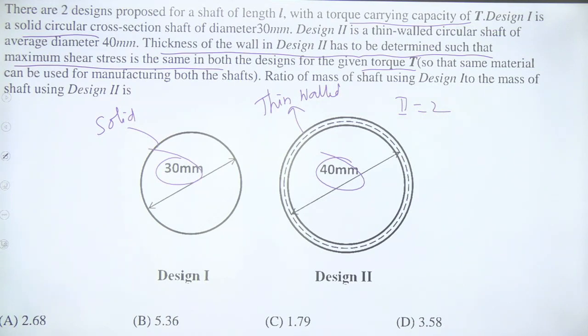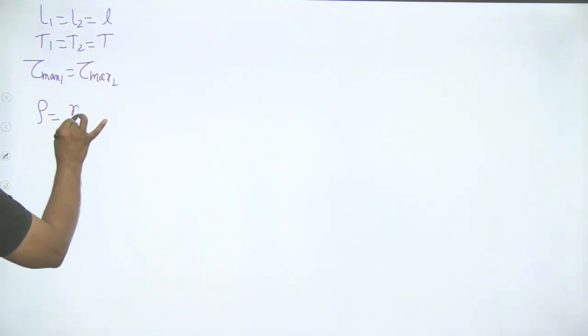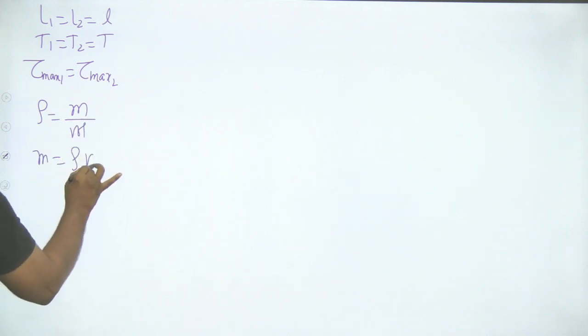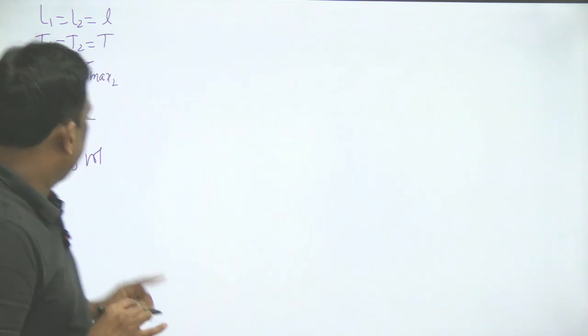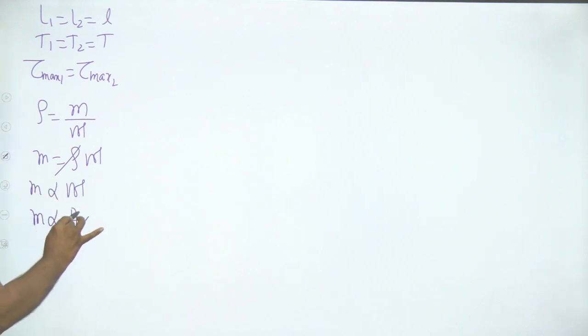In order to find the masses, density is equal to mass over volume, so mass is equal to density into volume. But as they are made of the same material, my dear students, the density will be the same. So mass is directly proportional to volume. Can I write volume as area into length?